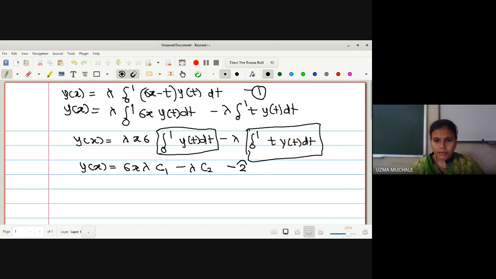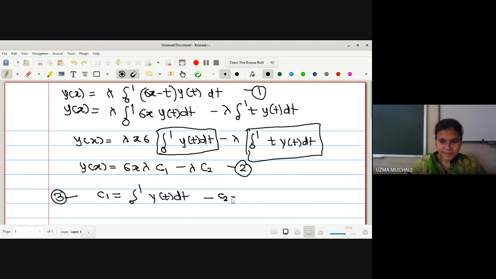Here let us name this 2, and let me name C1 as integration 0 to 1 of y of t dt. This is your equation number 3. C2 is equal to integration 0 to 1 of t y of t dt, and this is your equation number 4.